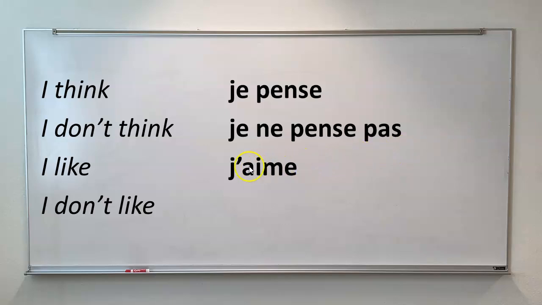Since we have the apostrophe here, that gives you a heads up that instead of using ne pas, you're going to use the N apostrophe, because what follows is the verb form and it begins with a vowel. So instead of ne, I'm using the N apostrophe. So j'aime, I like. I don't like. Je n'aime pas. J'aime, I like. Je n'aime pas, I don't like.